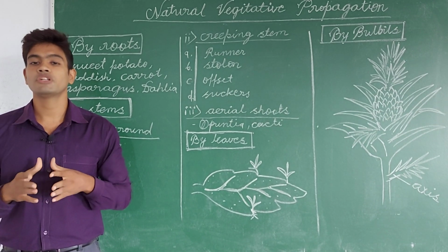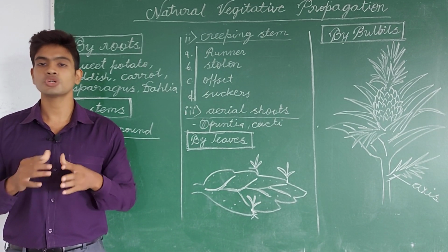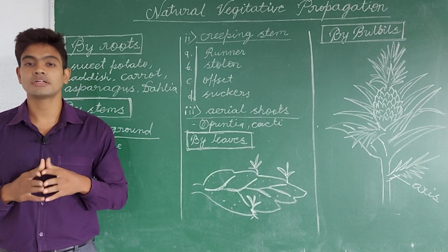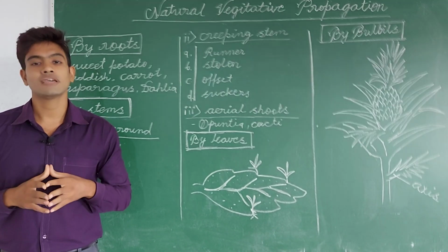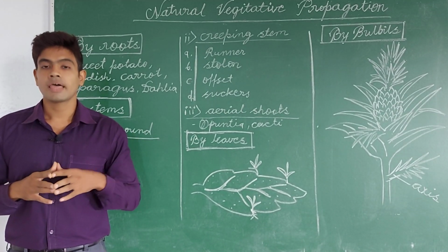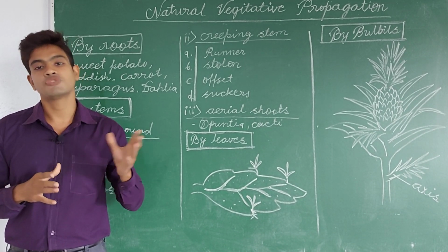In this video, we will talk about the natural vegetative propagation. Here, a variety of woody and herbaceous plants reproduce vegetatively in nature, and the structures and parts which take part are as follows.